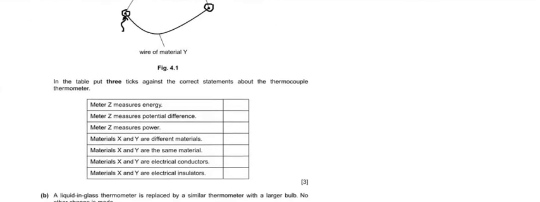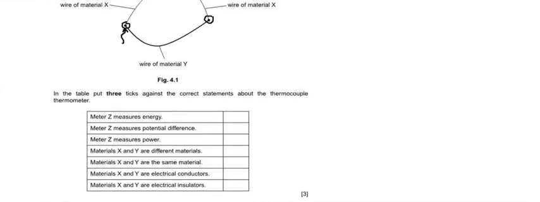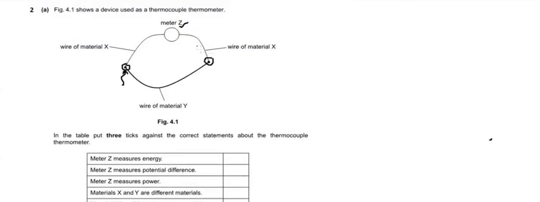So here you can see in the table, put three ticks against the correct statements about the thermocouple thermometer. So you can read the statements. Meter Z measures the energy. This meter is unknown over here, and we don't know what this meter measures.